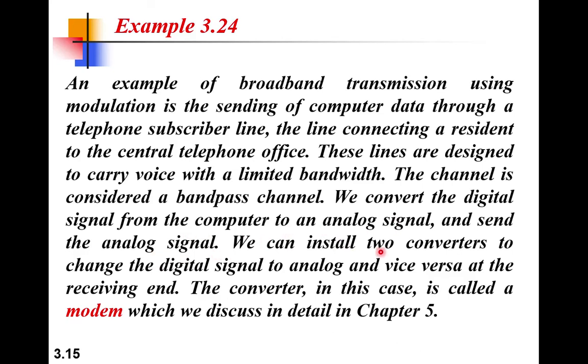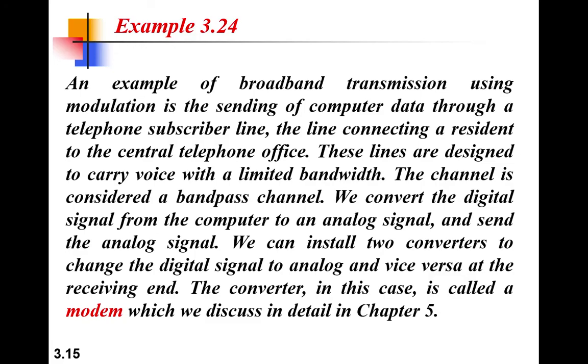We can install two converters: one to change the digital signal to analog at the sending side, and at the receiving end a converter that changes analog signal to digital signal. The converter in this case is called a modem, which we discuss in chapter number 5, so we will not discuss the modem here.